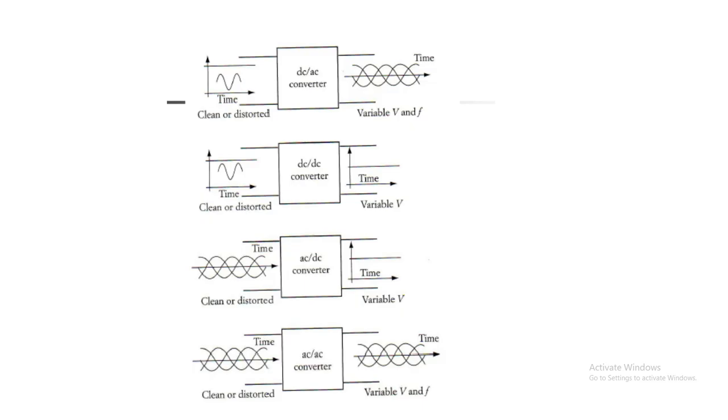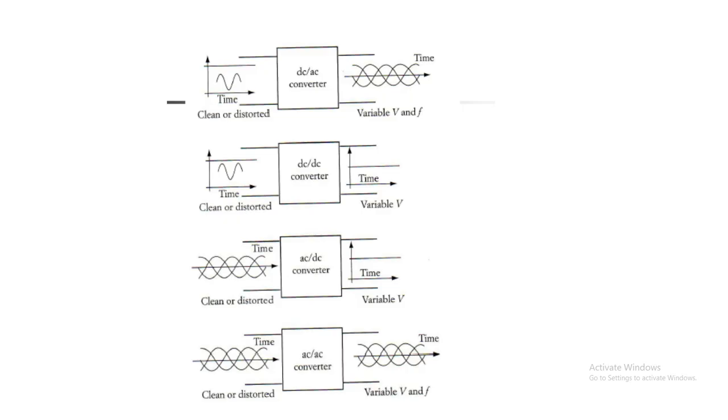First, we have the DC to AC converter. We give a fixed DC and we get a variable voltage, variable frequency AC signal as output. That is an inverter circuit. Next, the DC to DC converter. Here we have a DC input signal and we get a variable DC output signal.